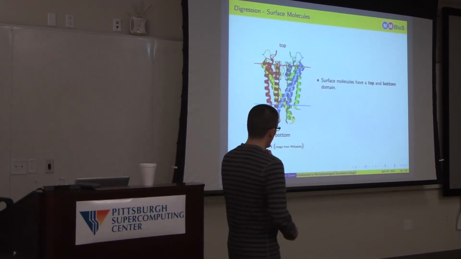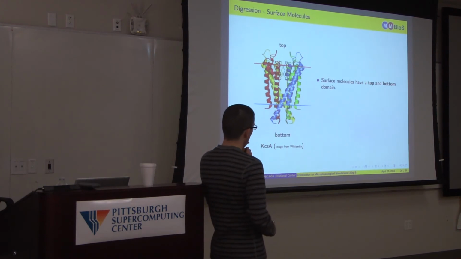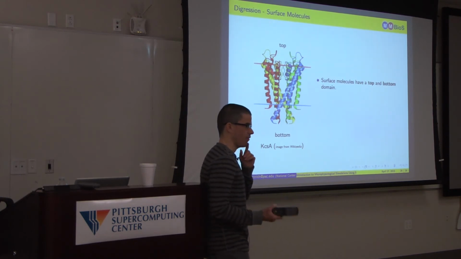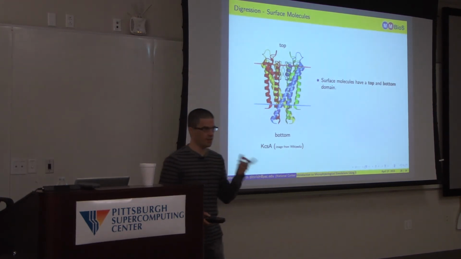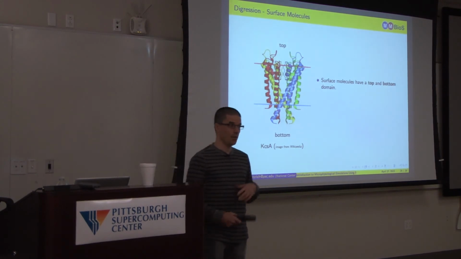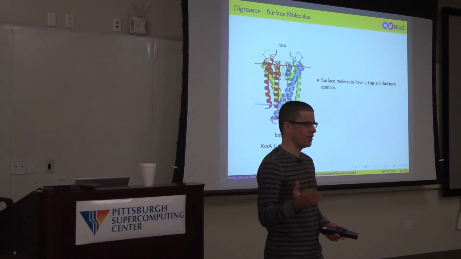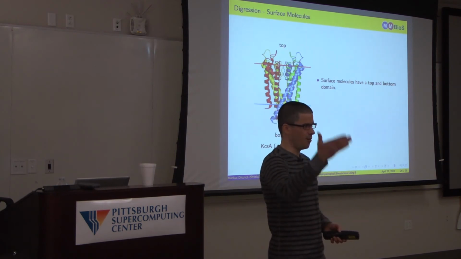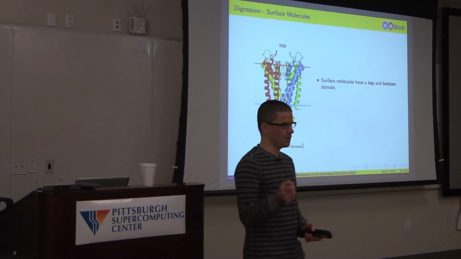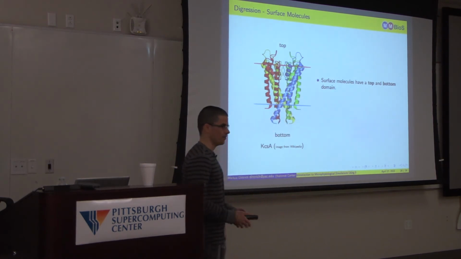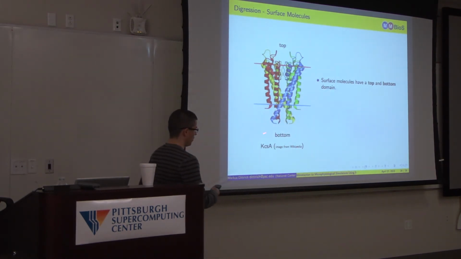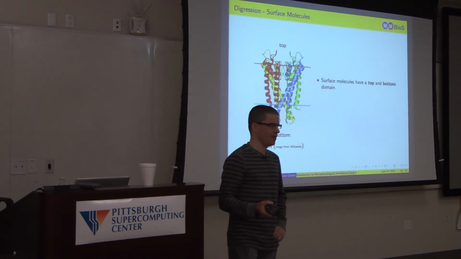In MCell, surface molecules have a notion of a top and a bottom. So basically, surface molecules have a top and a bottom domain. What that really means is not specified. It just means that you have something in the surface, and it has a top and a bottom. What that specifically means depends on your molecule. For the channel, the bottom could be the cytoplasmic side, and the top could be the extracellular side.